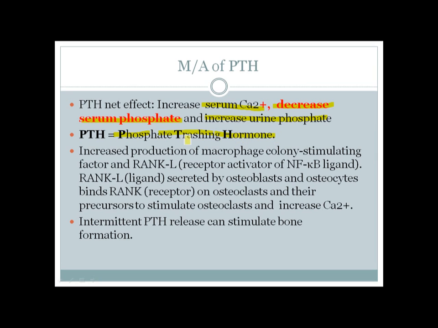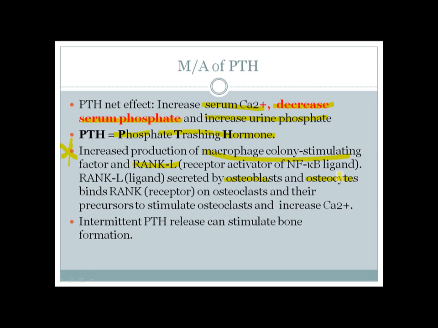The main effect of parathyroid hormone is on the bones, and the way it acts on bones is like this. Parathyroid hormone increases macrophage colony stimulating factor, and also increases the expression and secretion of RANK ligand by osteoblasts and osteocytes.